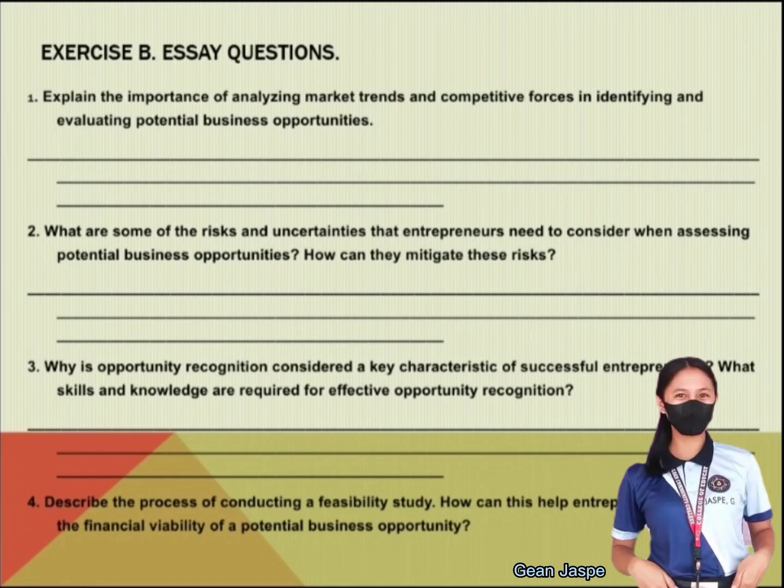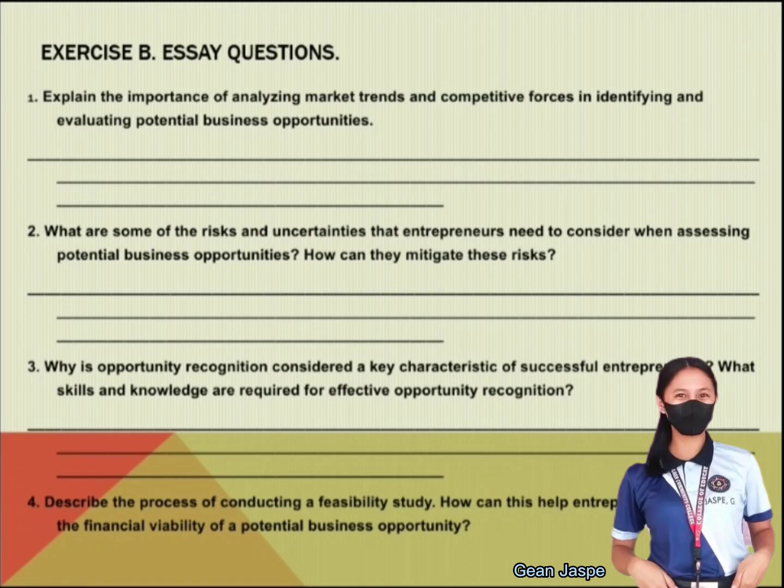Also, risk and uncertainties could be assessed through SWOT analysis, as SWOT analysis helps to assess the internal factors that might affect a business. Third question. Why is opportunity recognition considered a key characteristic of successful entrepreneurs? What skills and knowledge are required for an effective opportunity recognition?